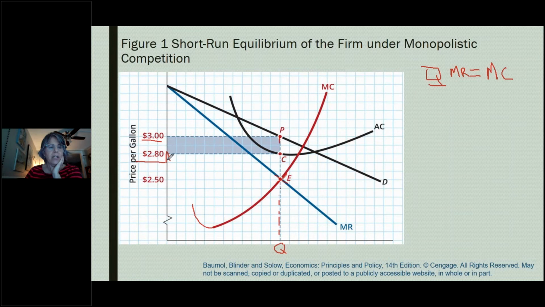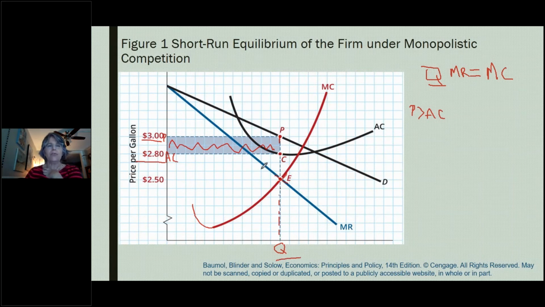Just so you know, this is labeled average cost, and this is labeled price. So whenever your price is greater than your average cost, you're going to be earning profits. And the profits are going to be equal to the difference between those. So the difference between the price and the average cost is 20 cents. So 20 cents times Q, whatever that number is, will be your amount of profit.